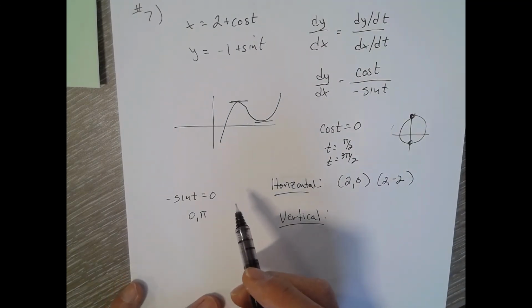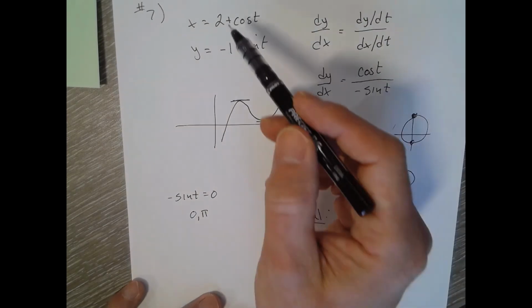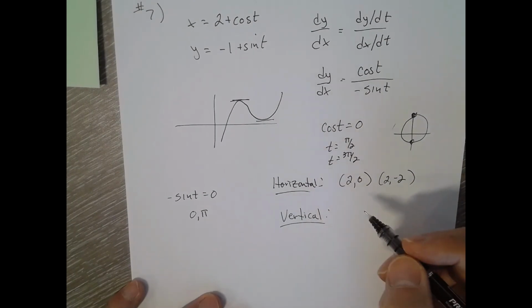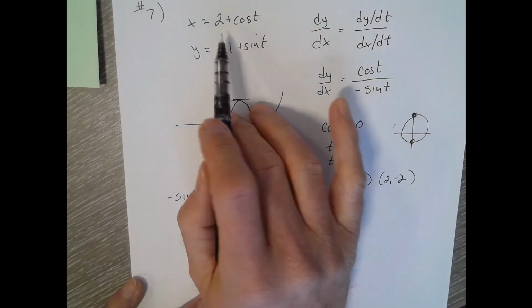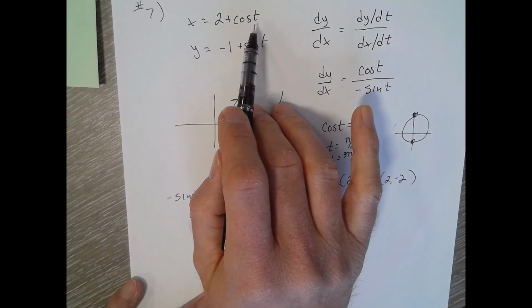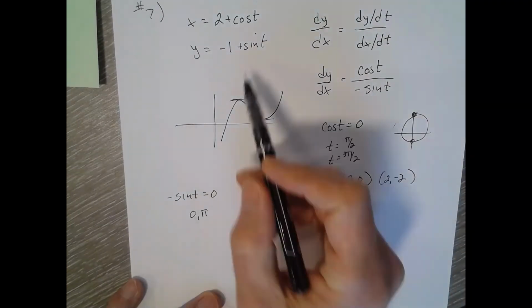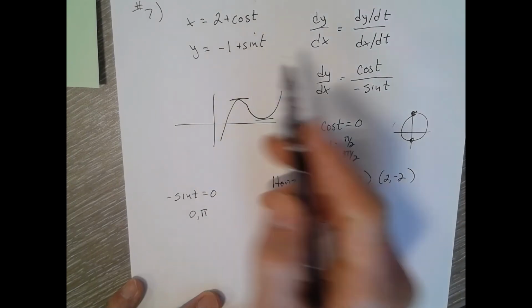So if I plug 0 into x and y and pi into x and y, I will have my ordered pairs. Plugging 0 into x, I get cosine of 0, which is 1, plus 2 is 3, comma, plug 0 into the y, I get negative 1 plus 0 is negative 1.